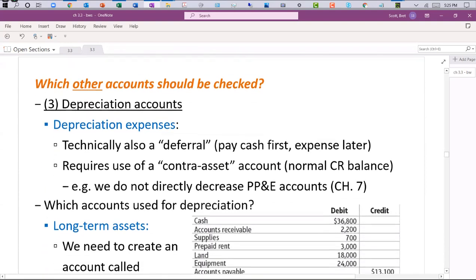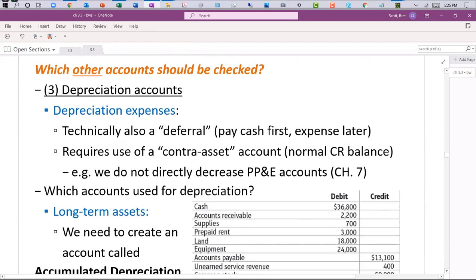Which other accounts need to be checked? We talked about accruals, we talked about deferrals. Now let's talk about depreciation. Depreciation expense is technically also a deferral type of account in the sense that we pay cash first and we expense later. So if we buy a computer, we pay now for that computer.